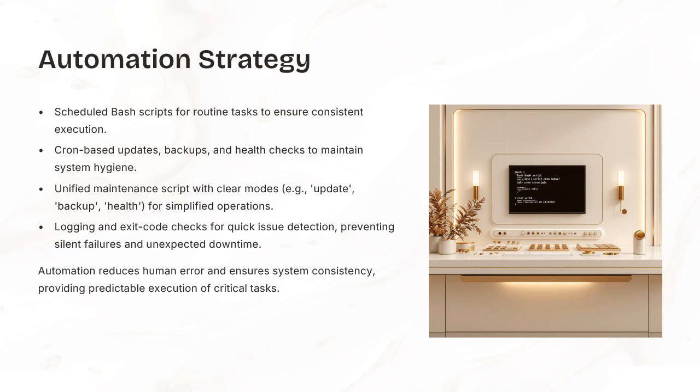For each automated job, we log the activity and we check exit codes. This ensures failures are visible quickly instead of leaving silent problems that might impact our users. For example, when we run a backup, if there is a hardware failure, we are going to get an error code that shows up and tells us there is a failure somewhere.